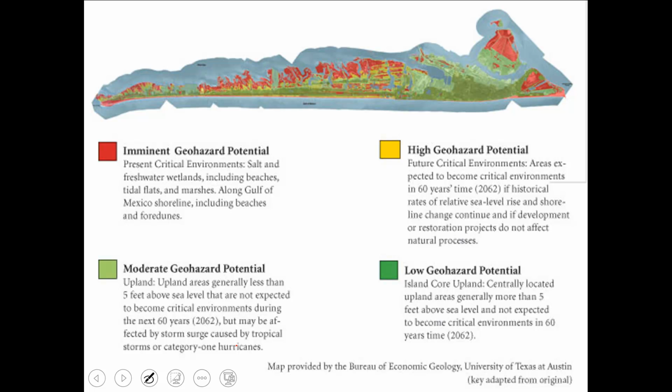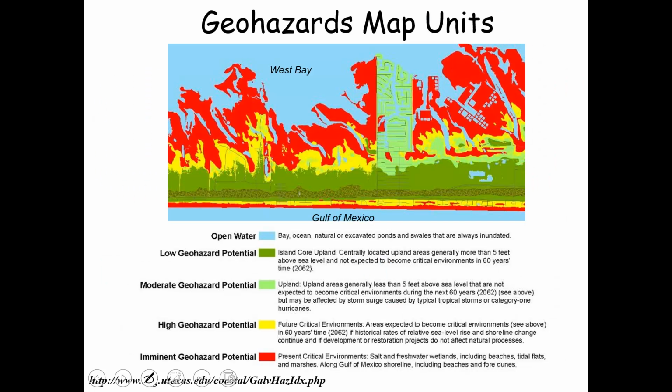Okay. So if you wanted to find the hazards in living in Galveston from immediate to low, well, the immediate hazards are erosion of the open beach and loss of the low marsh on the landward side.